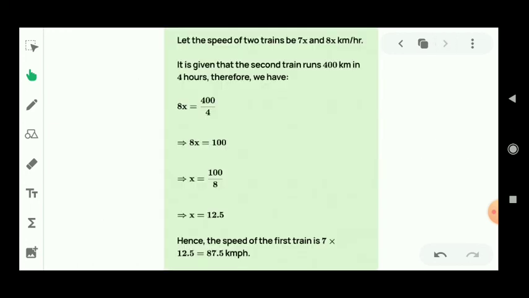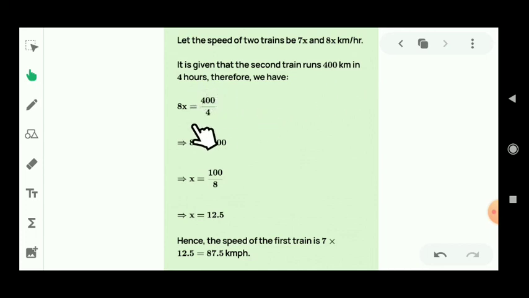Let's see the solution. Firstly, we will let the speeds of the two trains be 7x and 8x. Now students, we find the speed for the second train, because the speed of the second train is 8x, distance is 400 and time is 4 hours.